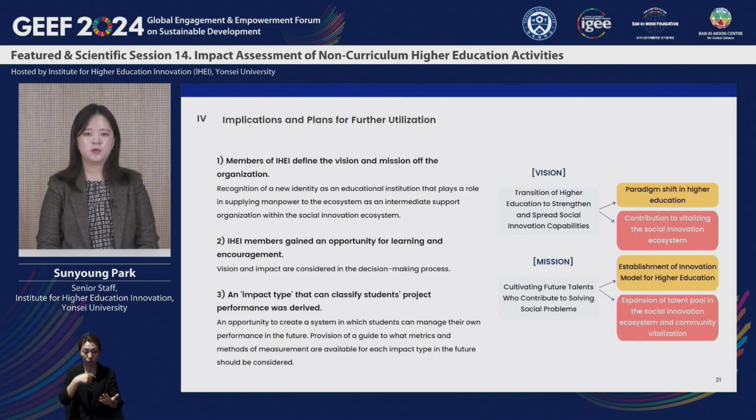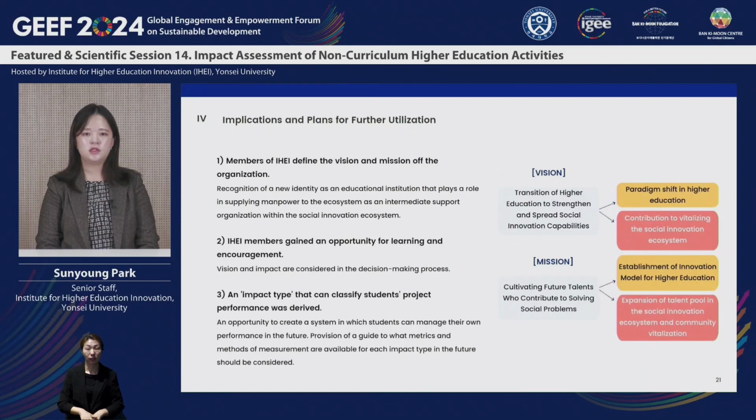We have introduced a new process during the application procedure for the workstation program, where applicants are prompted to consider the impact of their projects, and in the future, we aim to provide detailed guidance on measurement indicators and methods for each impact type. As we continue to accumulate such outcomes, it will naturally enable us to continuously measure the impact of higher education innovation.